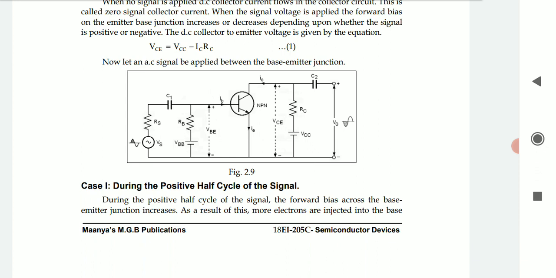In the input circuit, it includes one resistance RS and C1, and across VBE, RB and VBB. These three components RS, RB and C1 are included in the basic circuit of the common emitter configuration. Next, at the output side, RC is connected instead of RL, and C2 is connected.